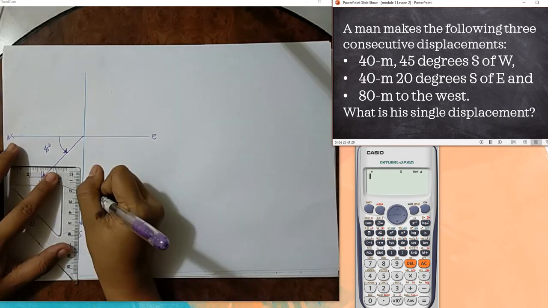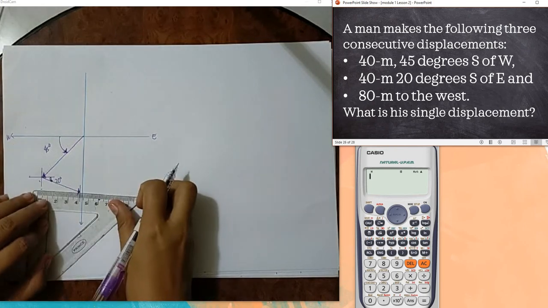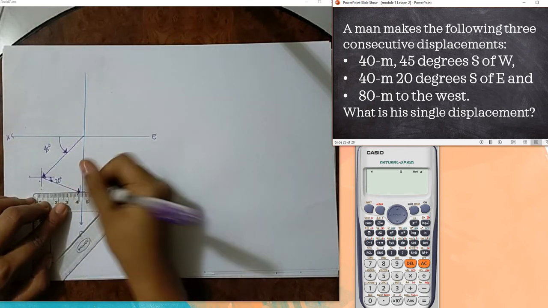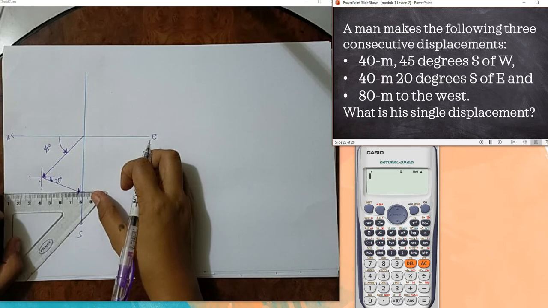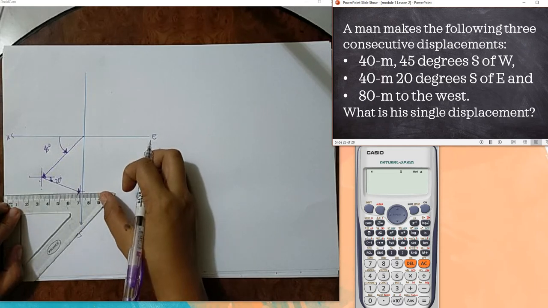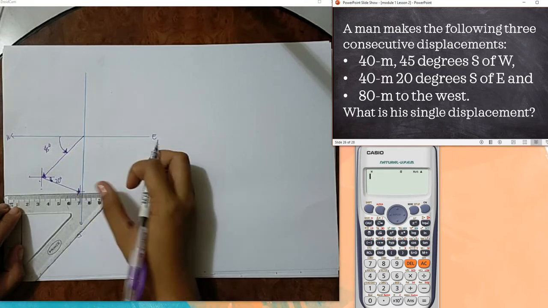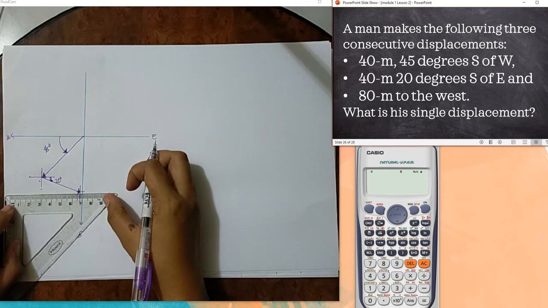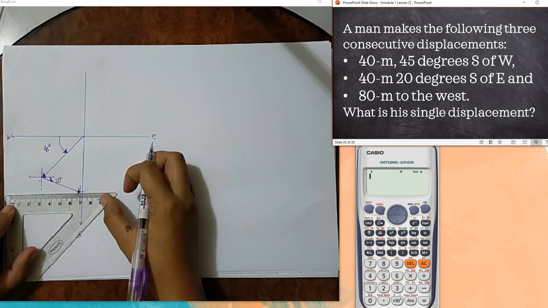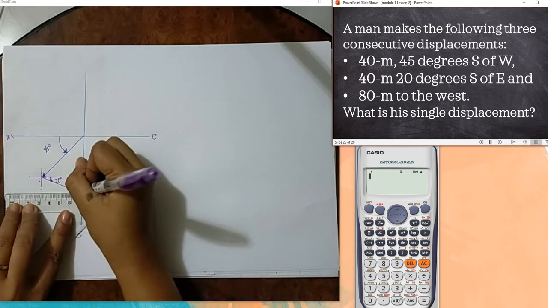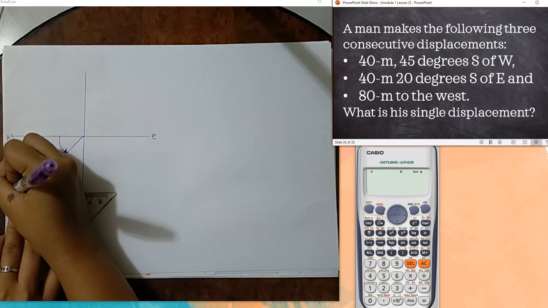Let me write here a small Cartesian plane, and we are going to measure 40 meters. It's right there. Since it won't fit, let's just adjust a bit. So here it is.